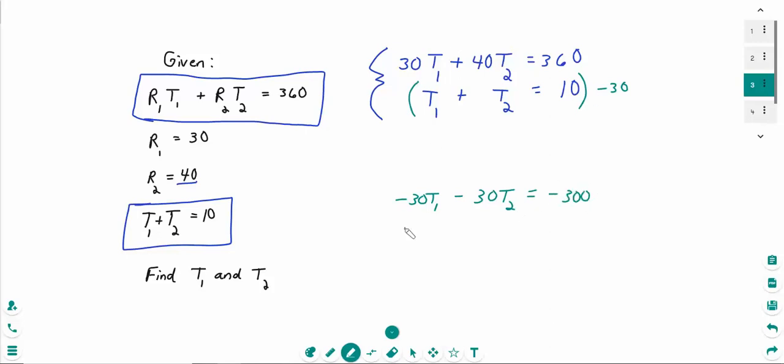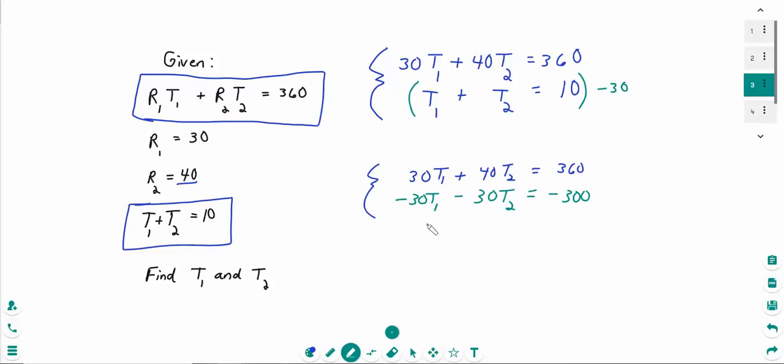And then the first equation, we'll just rewrite up above: 30 t sub 1 plus 40 t sub 2 is equal to 360. Okay, there's our system of equations. I've just multiplied the second equation by a negative 30, which is fine.